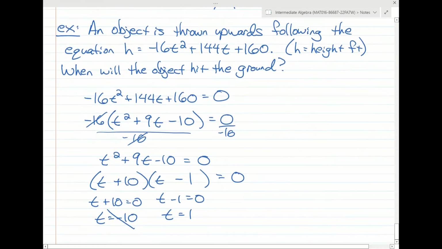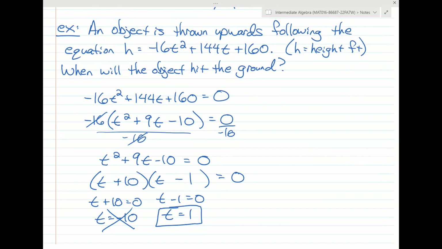Can't have negative time, so after 1 second, it would hit the ground. All right, maybe we'll do one more of these before we move on to the next section.